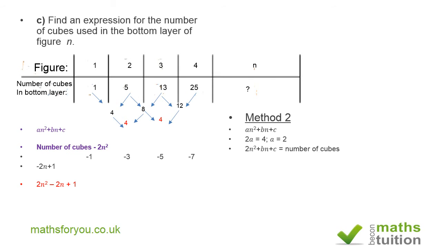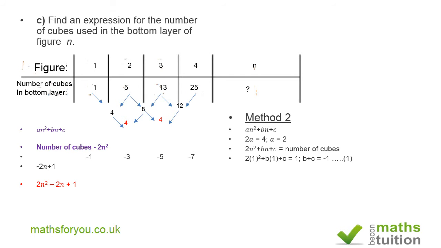So we then have that 2n squared plus bn plus c is equal to the number of cubes at each bottom layer. So if n is 1, for figure 1, we then have 2 times 1 all squared plus b times 1 plus c. And we got 1. So the number of cubes in the bottom layer of figure 1 is 1.